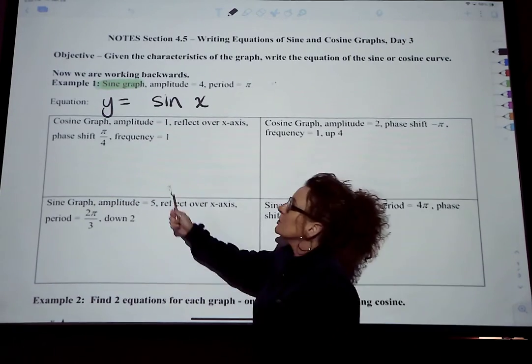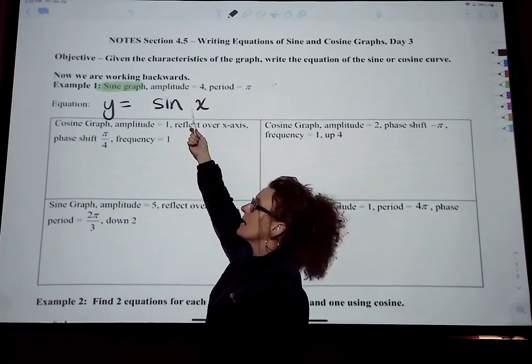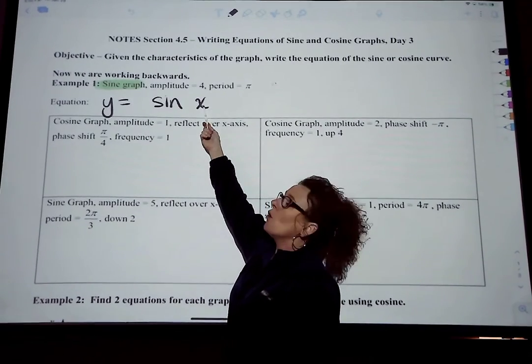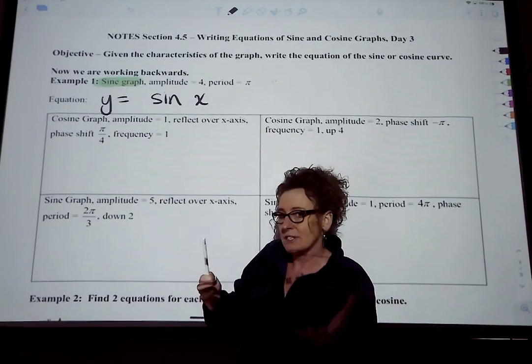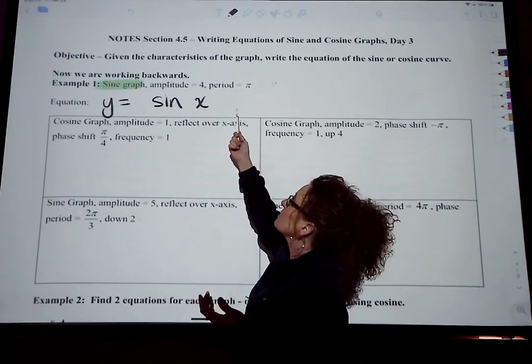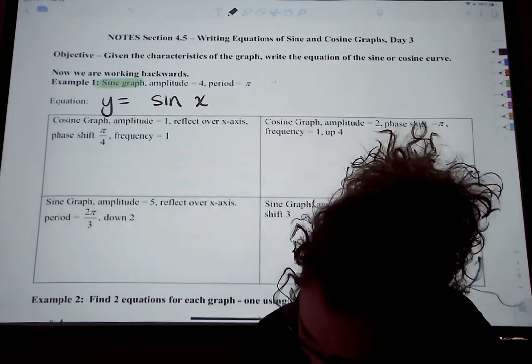Now, I wonder if there's an A out front, a B in front of the x, a horizontal shift that might require parentheses around the x, and a vertical shift hanging off the end. So let's find out.